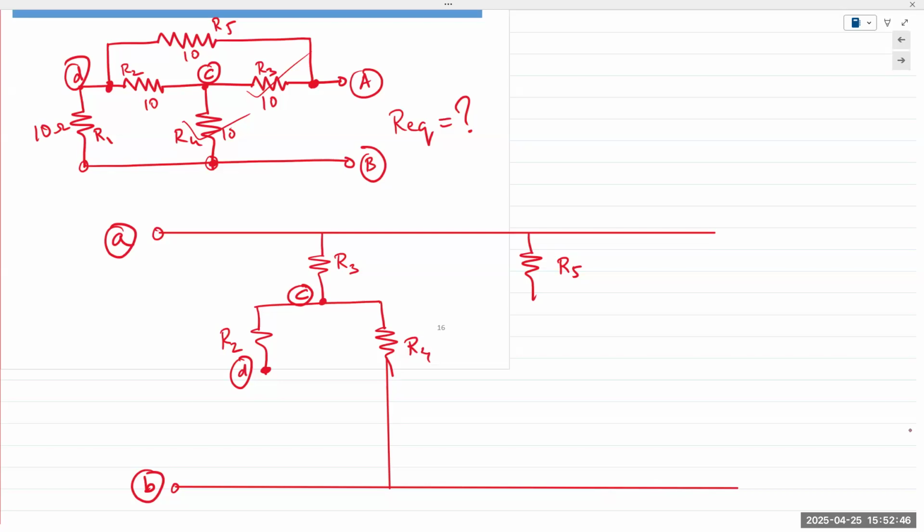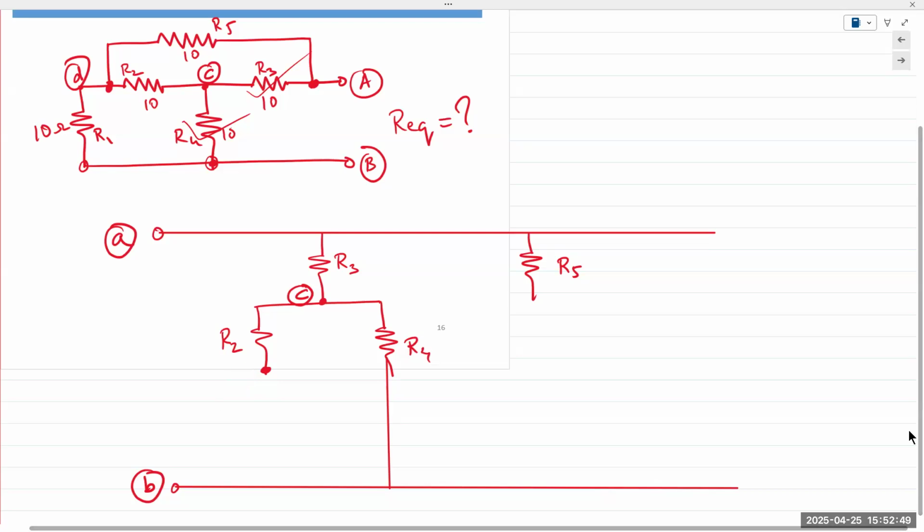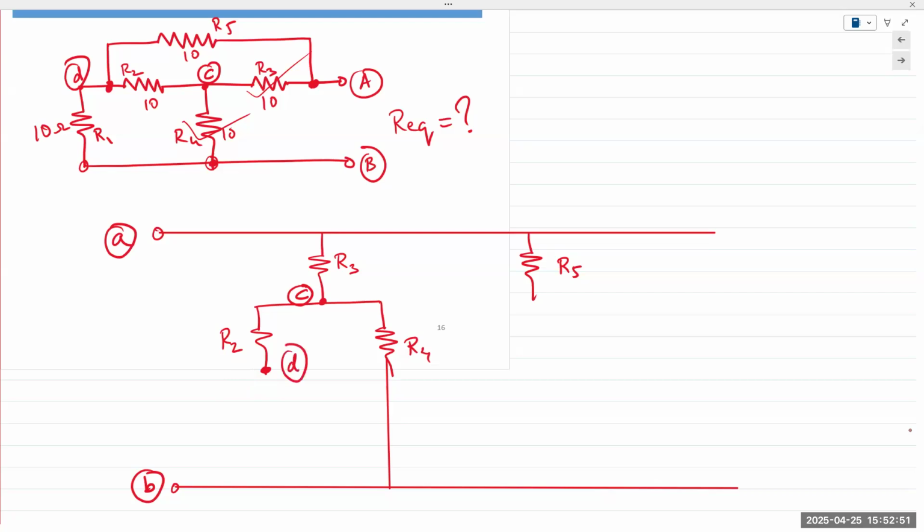So now from D, we have a resistor R1, and you already stated R1 goes directly to B, so we are done with that. But from D, we also have R5. And so that's it. It's going back to A.